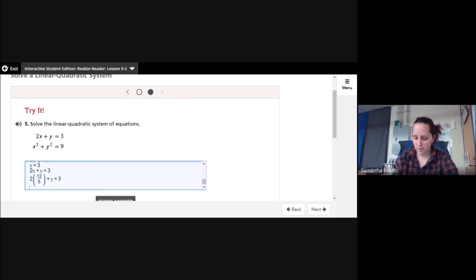So 2 times 12 fifths is 4.8. 4.8 plus y equals 3. So y equals 3 minus 4.8. So y equals negative 1.8 or negative 9 fifths, whichever. If you want to keep it as a fraction, you can. So that gives me 0, 3 and 12 fifths, negative 9 fifths.